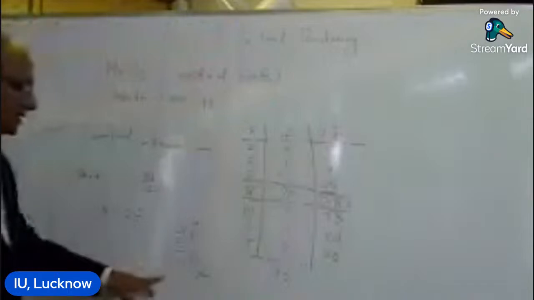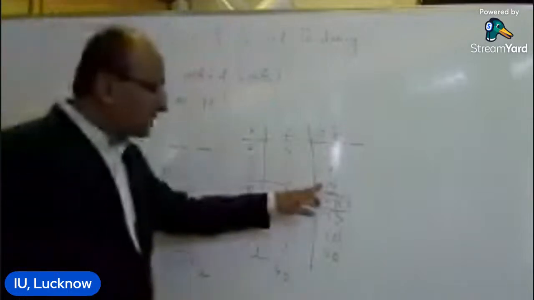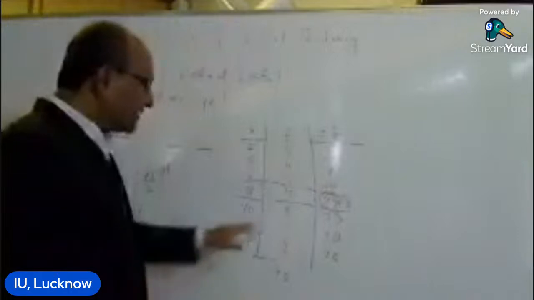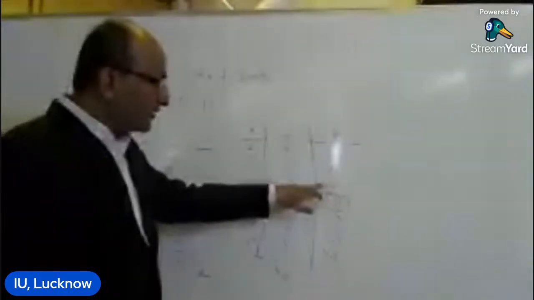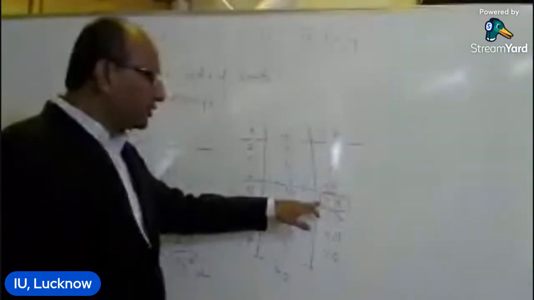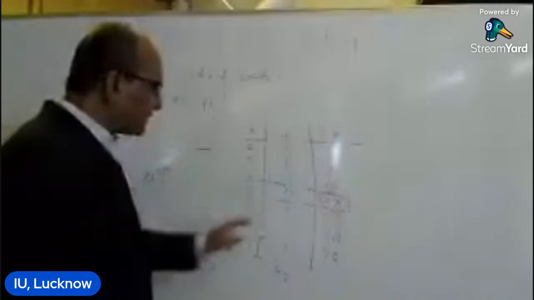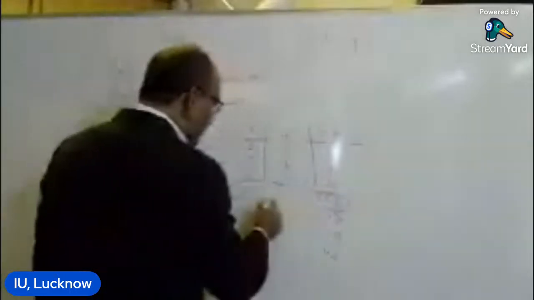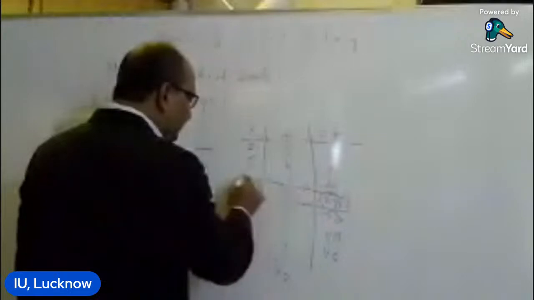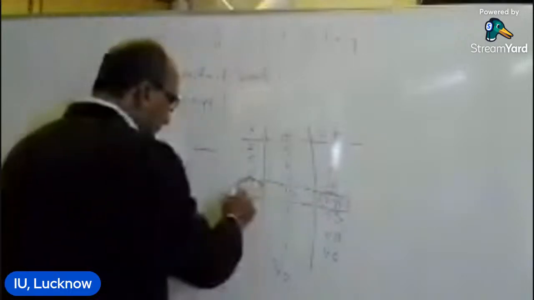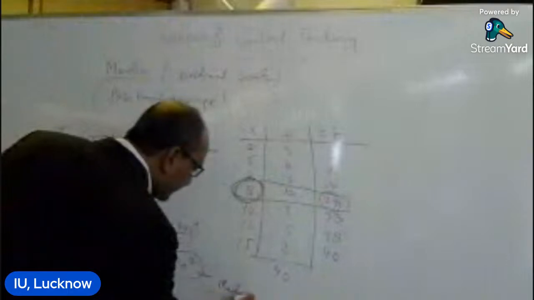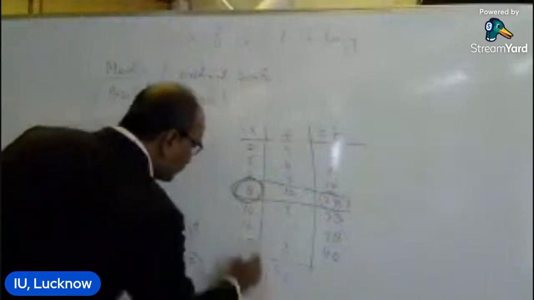So after 14 here is 24. So this position comes in 24. Corresponding to this 24, the value is 8. So the median is, in that case, 8. This is the median value.